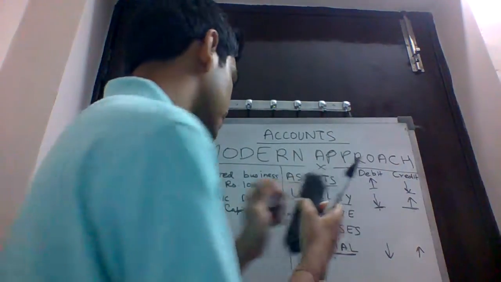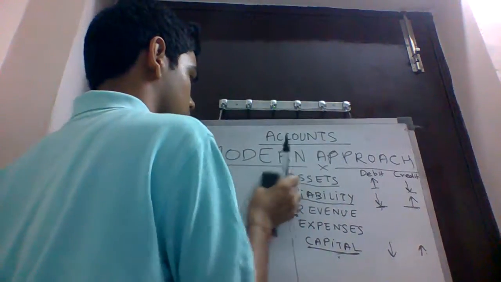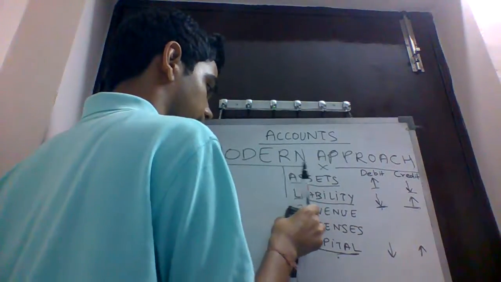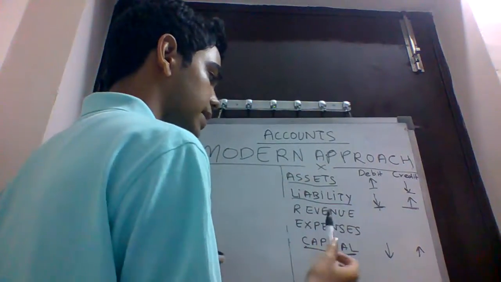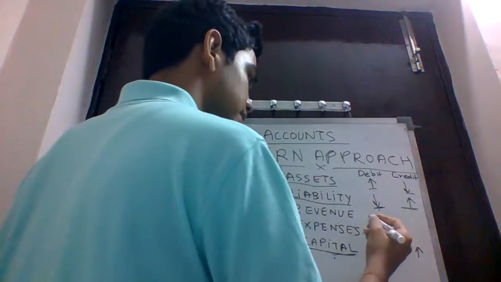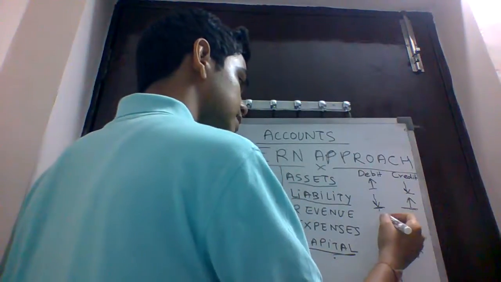So this was the capital account. Now let's combine the revenue and expenses operations. Increase in revenue is always credited and decrease is always debited.